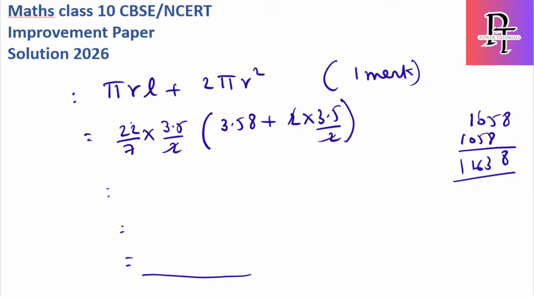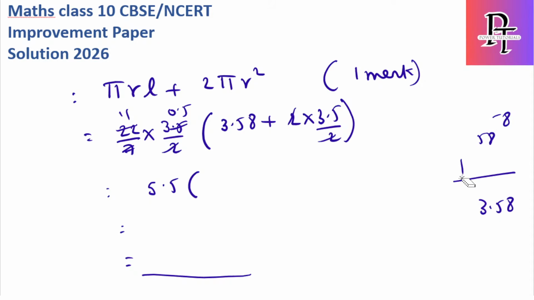So 2 ones, 2 11s. 7 into 3.5, 11.5. So 11 into 0.5 will become 5.5. 5.5 into 3.5 plus 3.58. Okay, this will get removed because this is not required. .58 plus 3.5, so it becomes 8. 5 plus 5 is 10, 4.08.